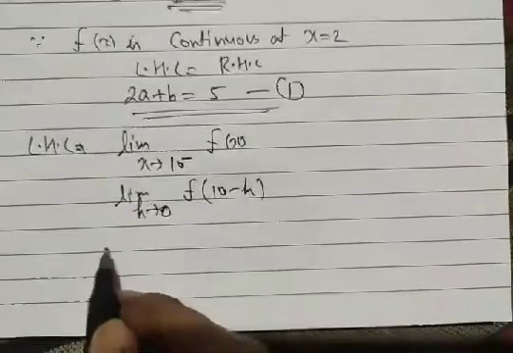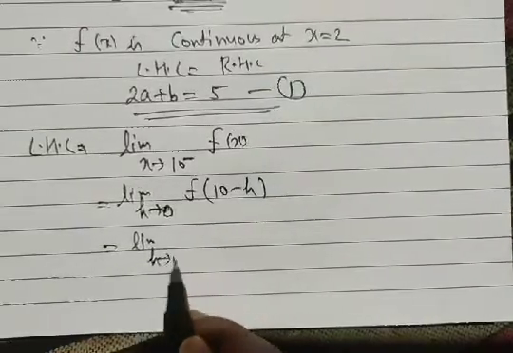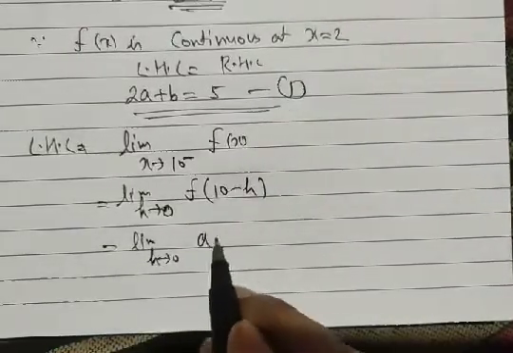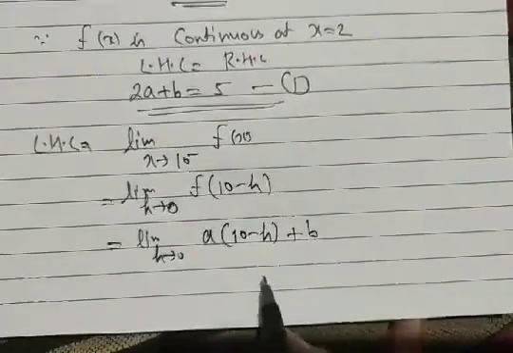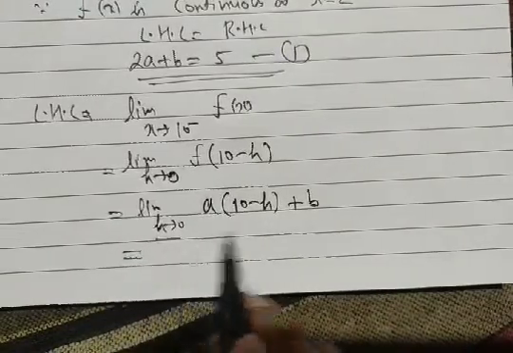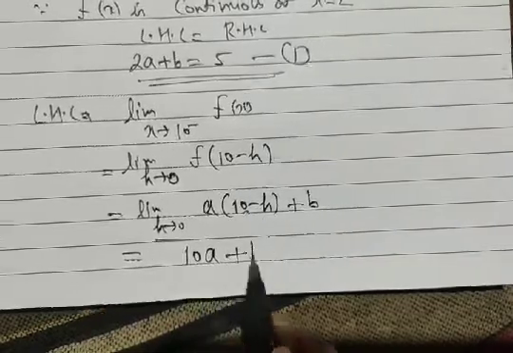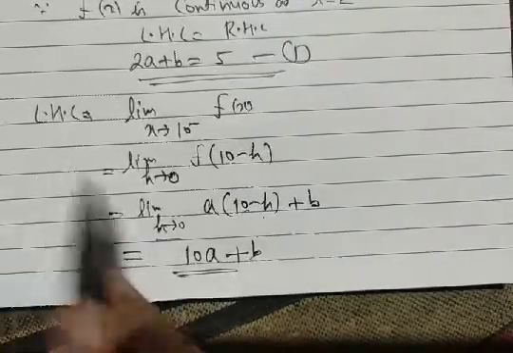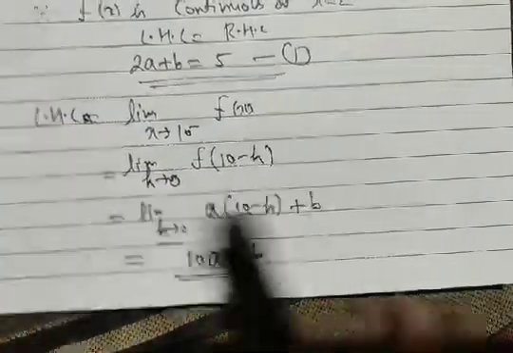Now we take limit h tends to 0, a times (10 minus h) plus b. Finding the limiting value when h tends to 0, it is 10a plus b. Our left hand limit is 10a plus b at x equal to 10. Now we are going to find its right hand limit.